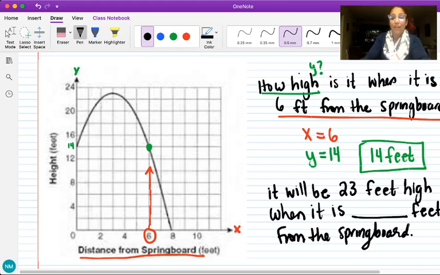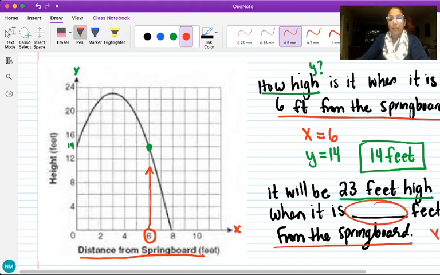So, what am I given? The height, right? It says 23 feet high. I'm given what y is. Y is equal to 23. I need to figure out how many feet from the springboard. So I need to figure out what x is.